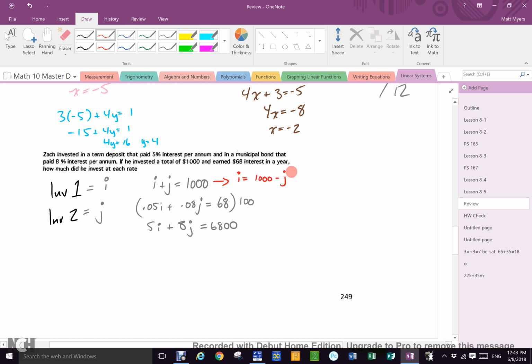Or j equals 1,000 minus I. So 5 times 1,000 minus j plus 8j equals 6,800. 5,000 minus 5j plus 8j equals 6,800. 3j equals 1,800. J equals 600.